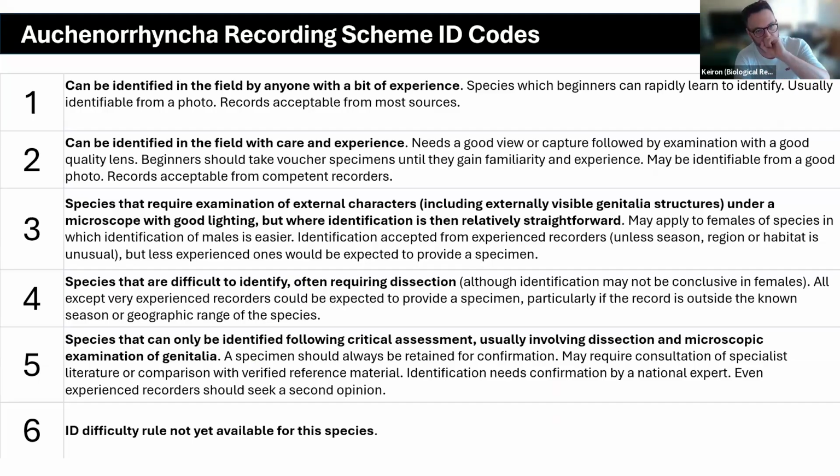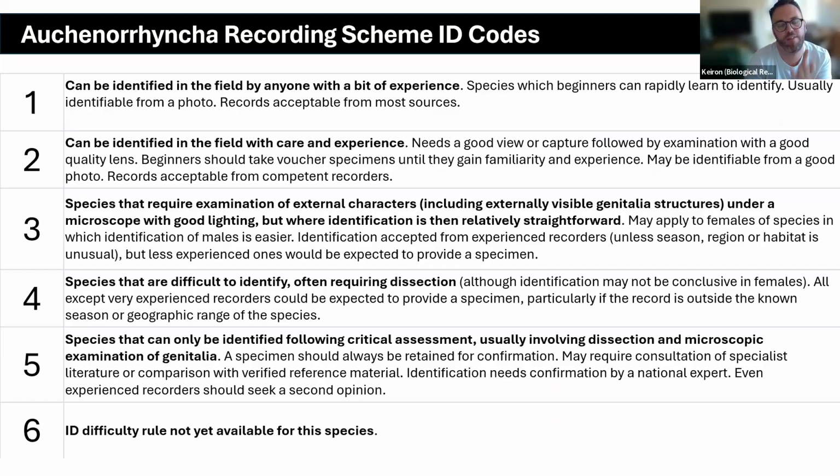So here I've taken the Leafhoppers and Allies recording scheme, and it's a 5-point scheme with an extra 6th point for where no difficulty rule has been assigned for that species. So 1 is the easiest to ID, and 5 is the most difficult.